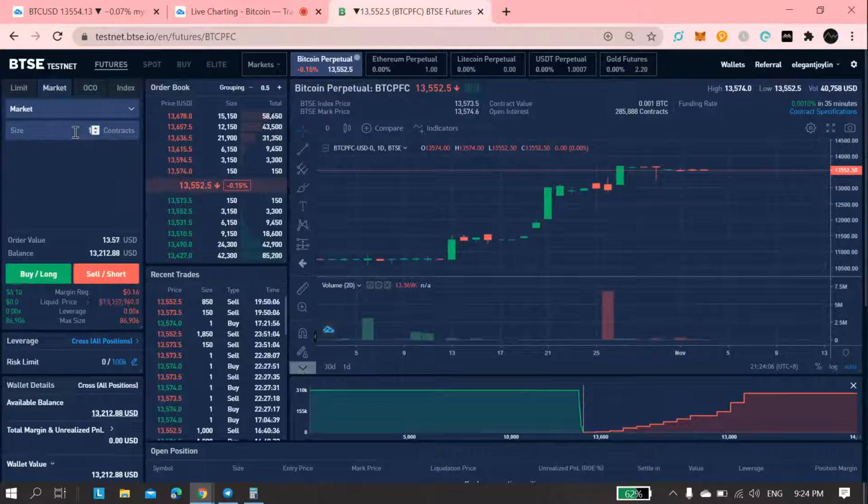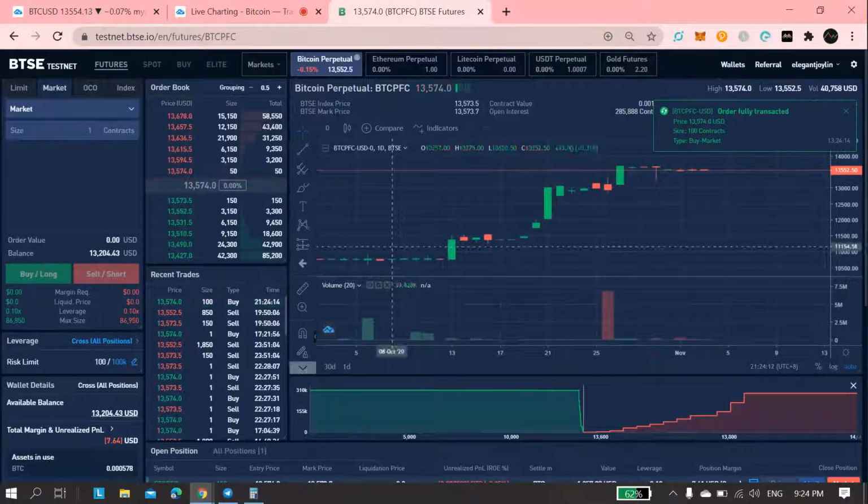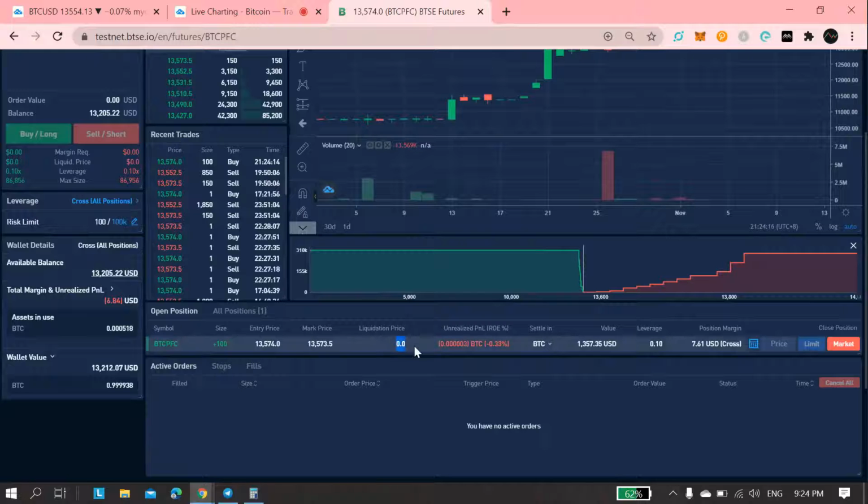Let's just market it. I will buy long. So after I buy, the liquidation price is 0. So for me, if the liquidation price is 0, I'm in a proper position size.